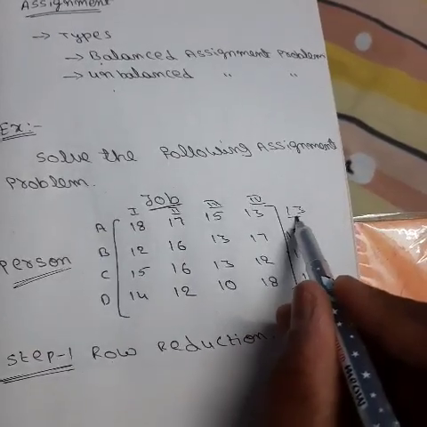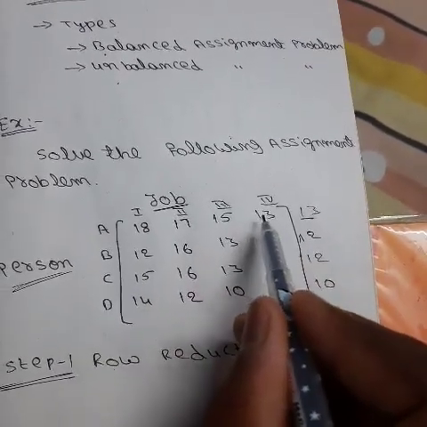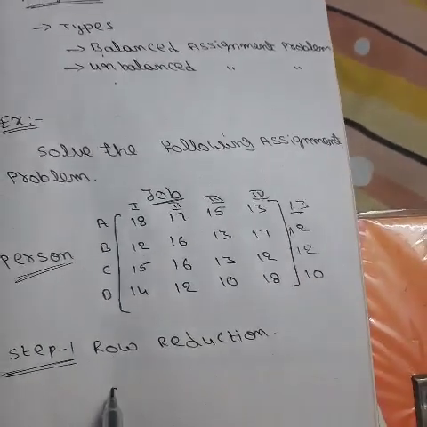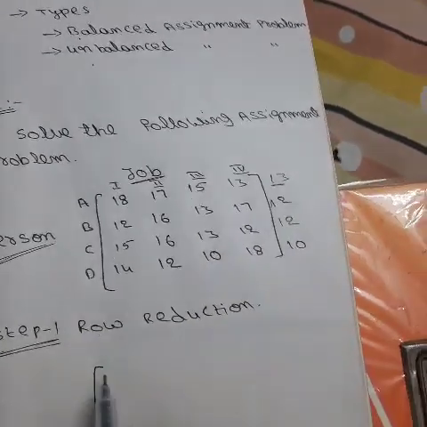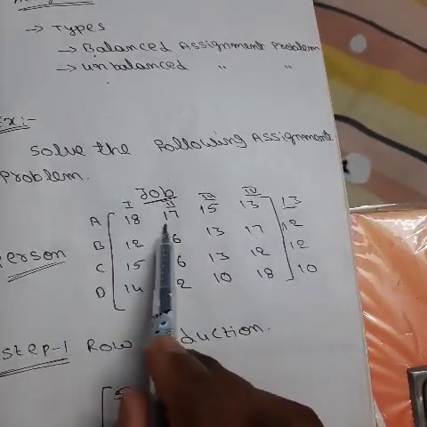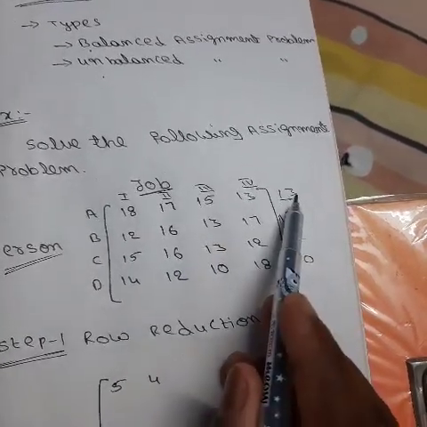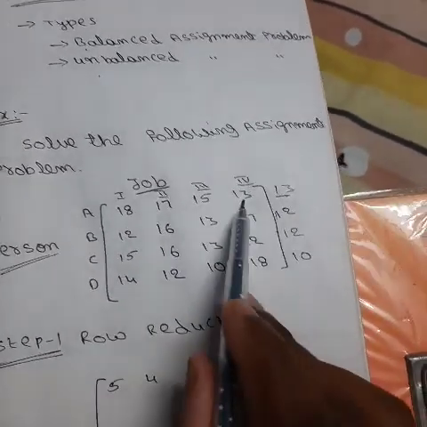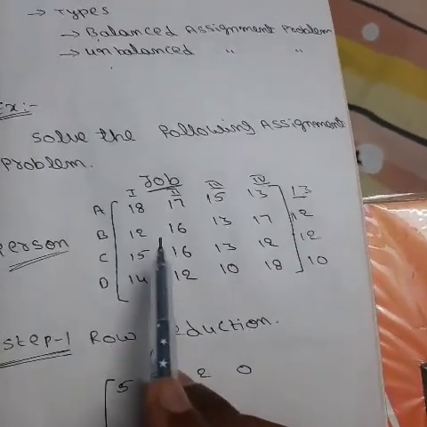Then subtract this smallest number from each element of the corresponding row. So the resulting matrix will be: 18 minus 13 is 5, 17 minus 13 is 4, 15 minus 13 is 2, 13 minus 13 is 0.